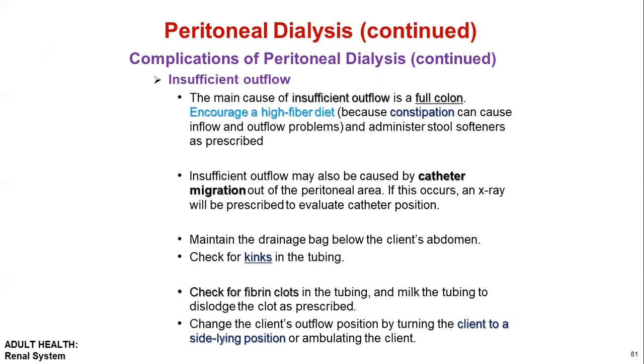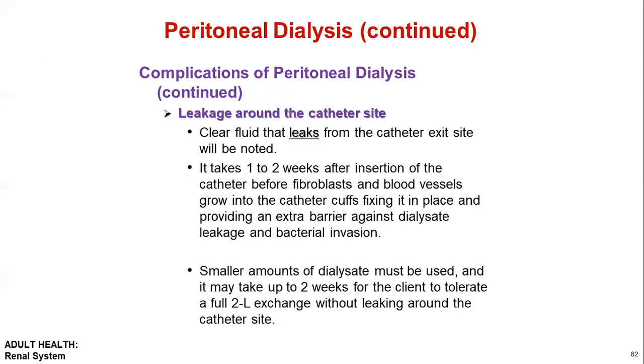Sometimes another complication causes protein loss, too much protein loss through the dialysis. In that case, we increase the protein in the diet. Or if hyperglycemia, we give them insulin as needed. If there is poor outflow or inflow, we will check for kinks in the tubing, address constipation, or reposition your patient, right?